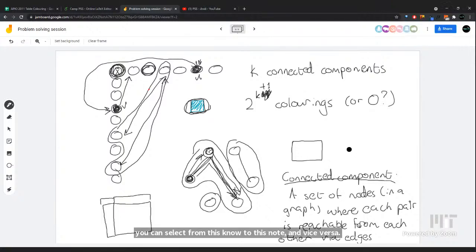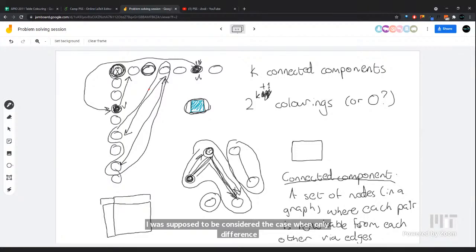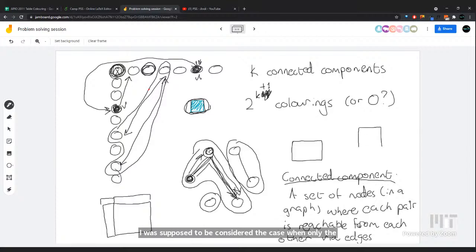So how can the answer be 2 to the power k plus 1? Because if we consider a special case when the first row and first column are colored, then we only have one component, right? Sorry, what do you mean? Suppose we consider the case when only the first row and first column are colored, then the answer is 1, right?